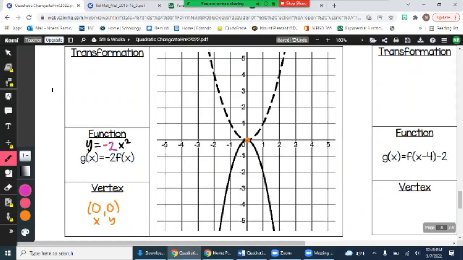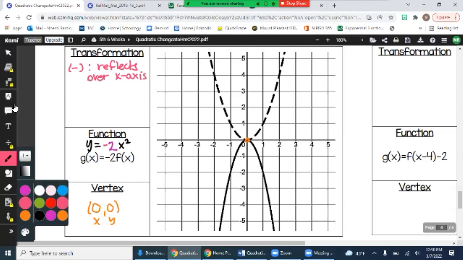-2 is A, but remember, A is responsible for two different things. So the negative itself does what to it? It reflects over the x-axis, always specifically the x-axis. Now the number 2 for A does what?